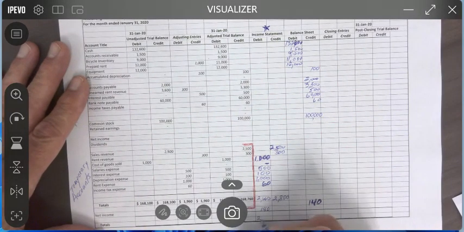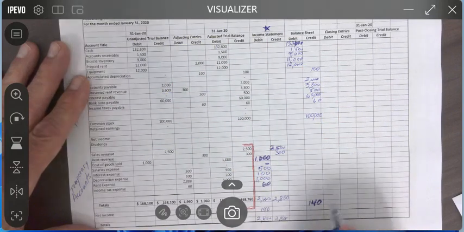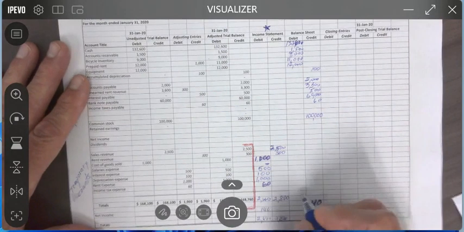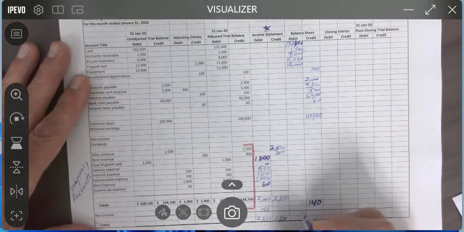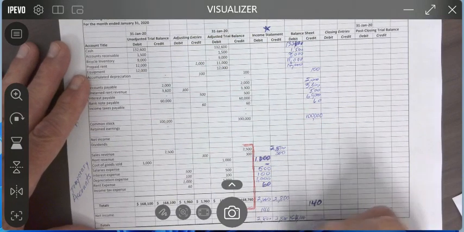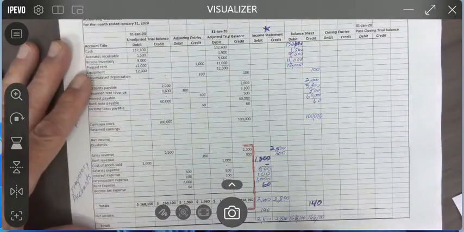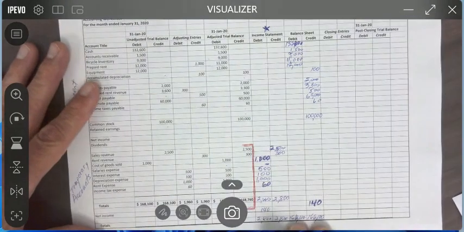And then you have 2,800 down here, 2,800 down here. And then in these columns, if you add those up, you're going to find that those totals are 166,100 and 166,100 for the debits and the credits on the balance sheet.